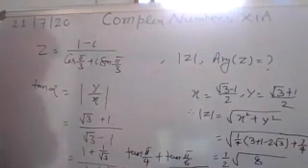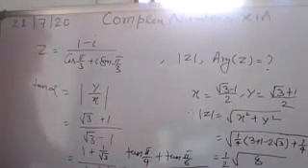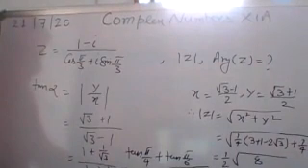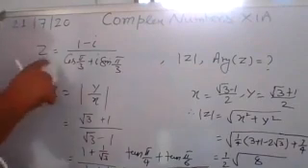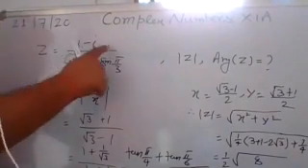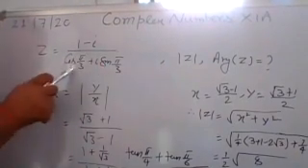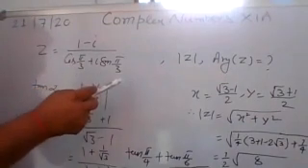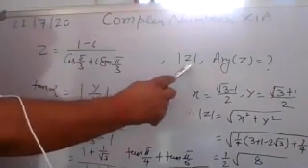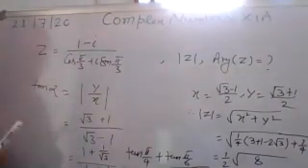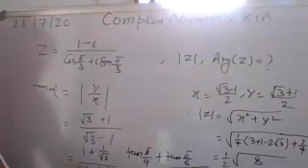Here you write only 1 minus i, and you have the same question here. Just try to solve. Yes, note that question. Z is equal to 1 minus i upon cos pi by 3 plus i sin pi by 3, and you have to find the value of modulus of Z and argument of Z. Okay, just try to solve it.